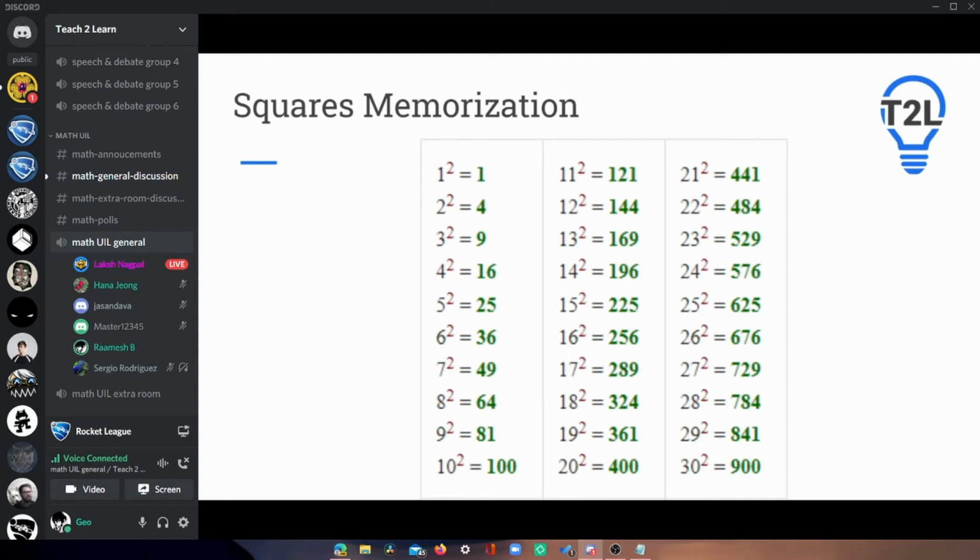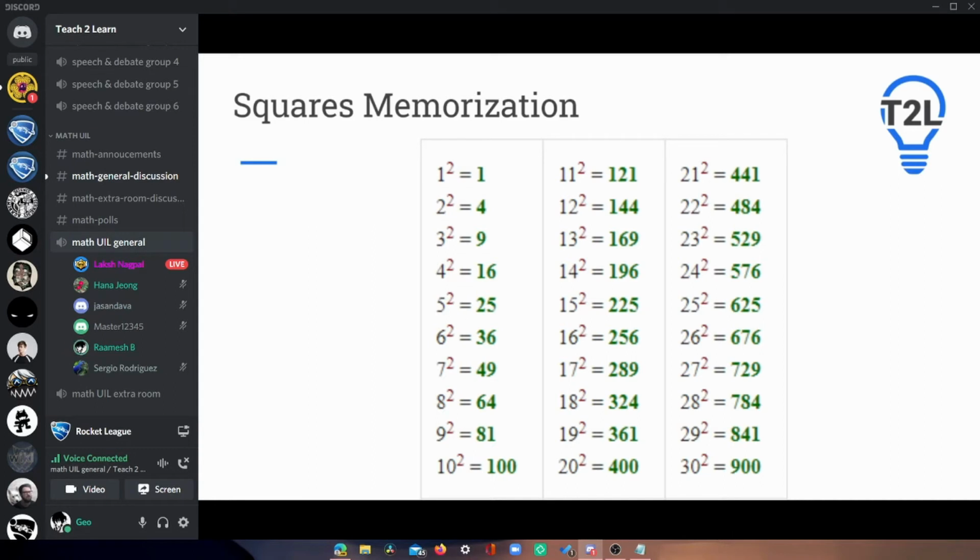So 1 squared is of course 1. 2 squared is 4, which is 1 plus 3. 3 squared is 9, which is 1 plus 3 plus 5. 4 squared is 16, which is 1 plus 3 plus 5 plus 7, and so on.